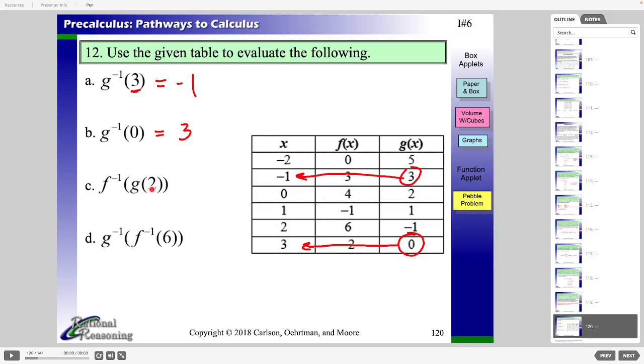But we start off with g of 2, so this is a forward function. We start at 2 and read what the g value is. So here's our intermediate step. And then we plug negative 1 into the f function.